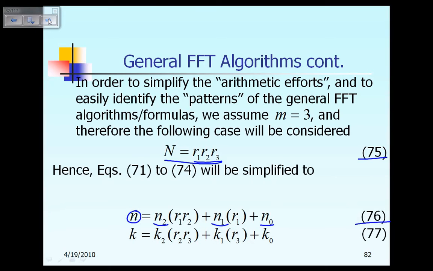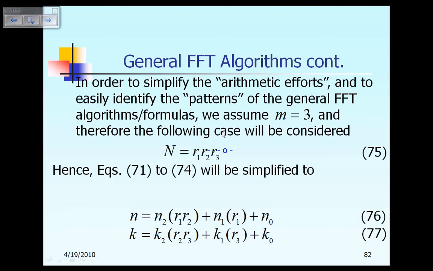By the way, if you remember in the previous chapter, when we considered capital N as the product of only R1 times R2, at that time equation 76 looked very similar to what you see here, except the equation looked shorter.